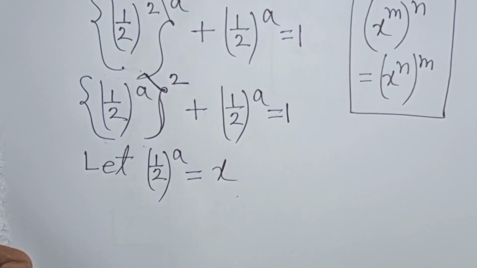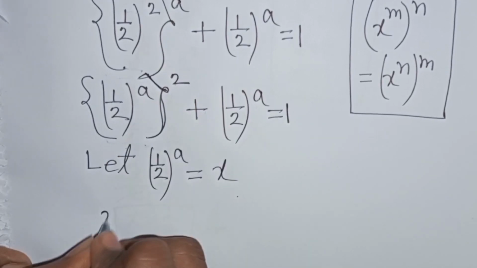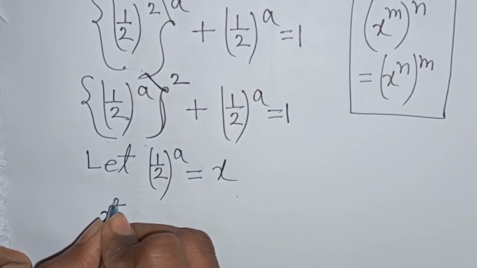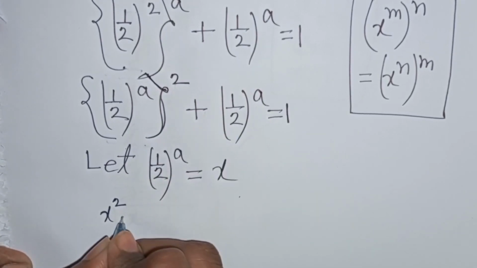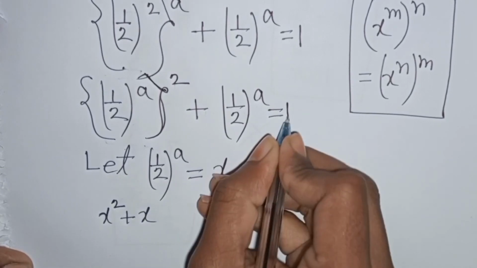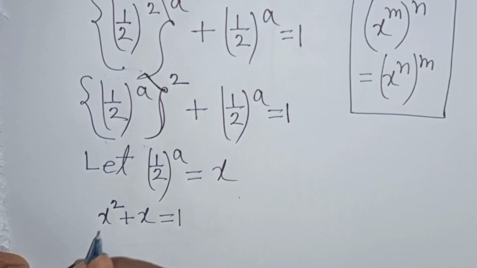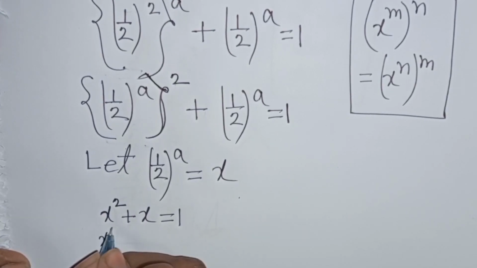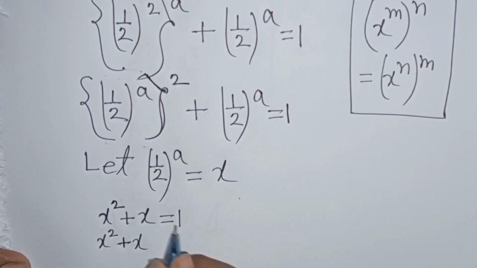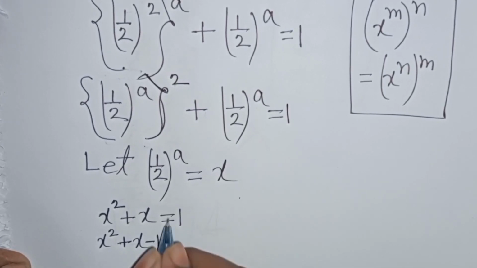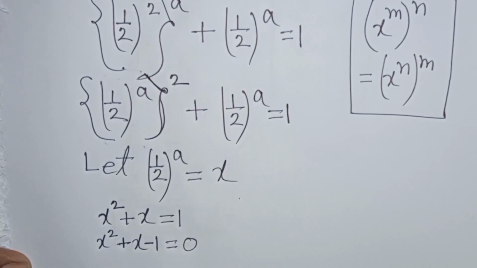So our equation will be x square plus x is equal to 1. Now we can write x square plus x, then this plus 1 taken to the left side, so this will be minus 1, is equal to 0.